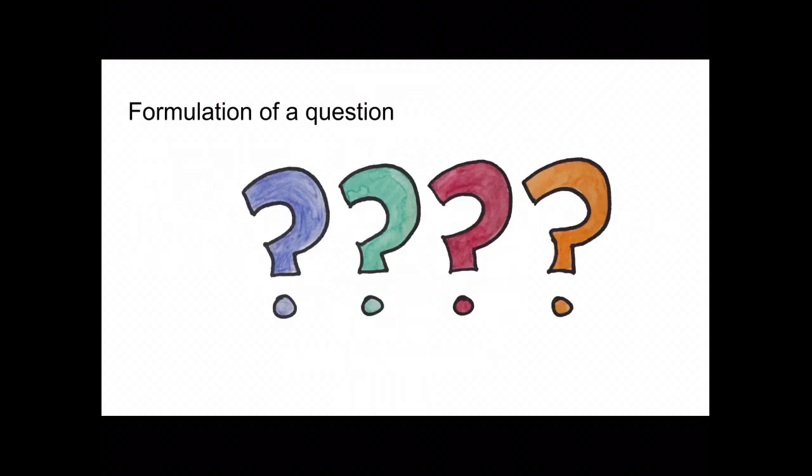So formulation of a question. Like I was saying, formulation of a question can be open-ended, or can be just sort of referring to an explanation of a specific observation. But always, formulation of a question is based on previous evidence.